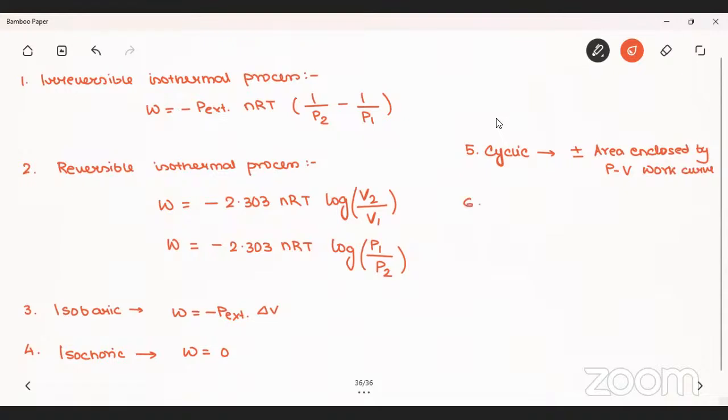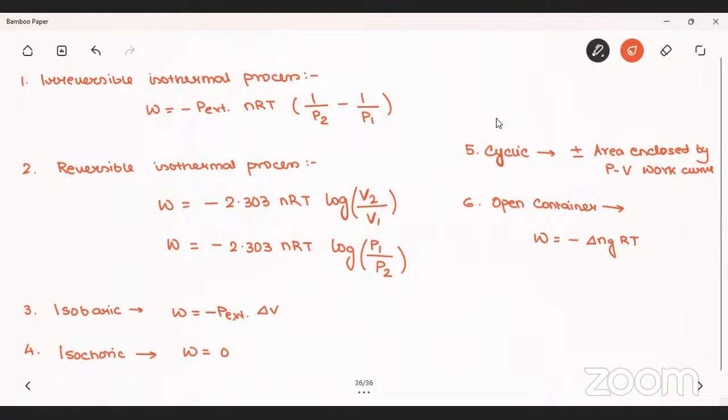And what was the last thing? Open container. What was the open container formula? W is equal to minus delta n g RT.